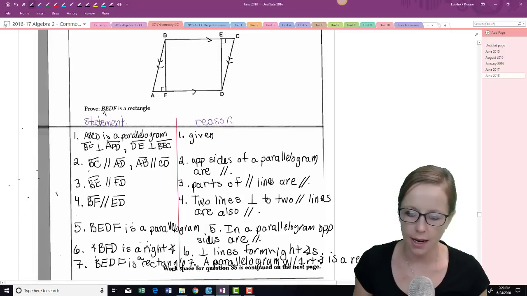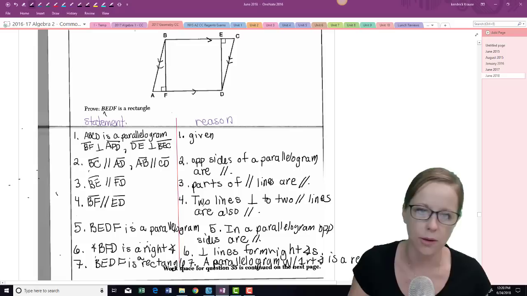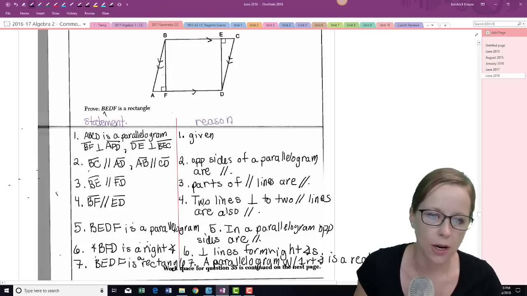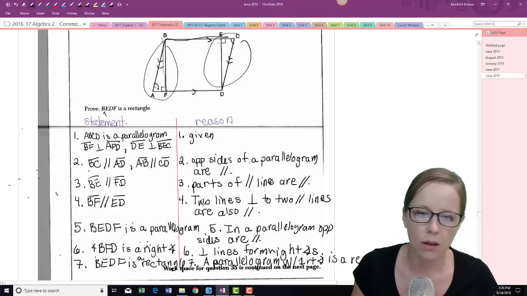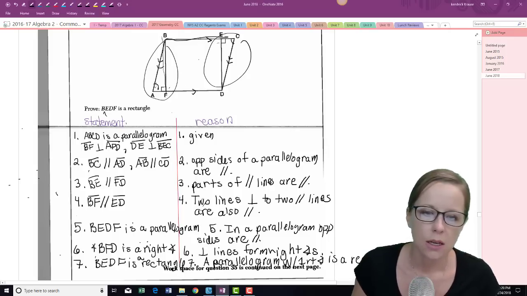Okay. Again, I want to say that's not the only way to do it. If you wanted to get these two triangles congruent, you could easily do that, like angle A, angle C. One pair of sides parallel, the other pair congruent.